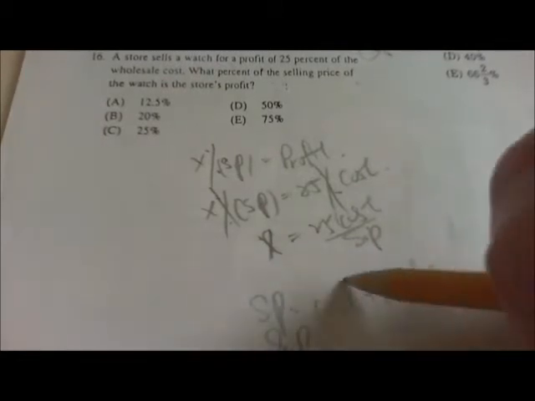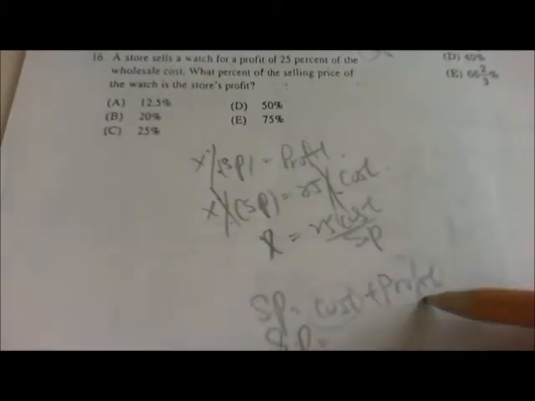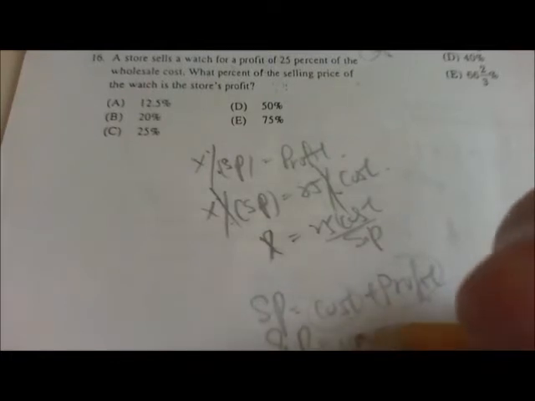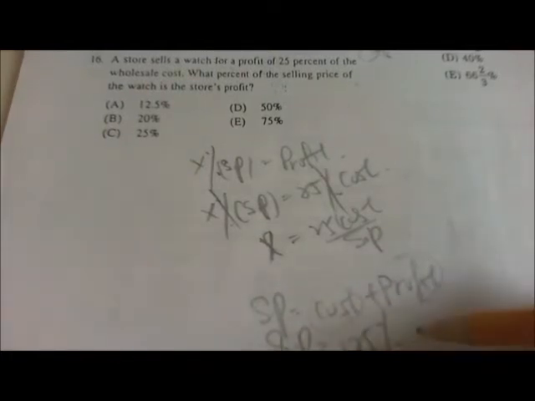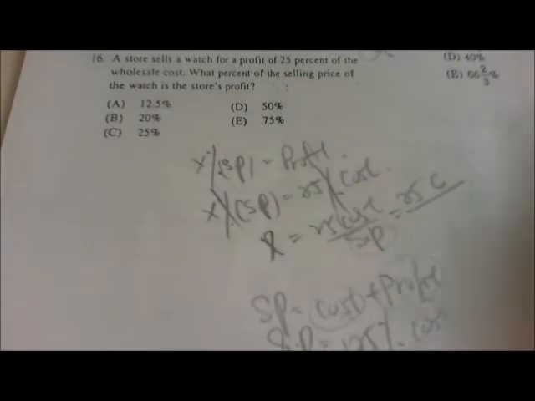The profit is 25% of the cost, and the cost is 100%, so the selling price is 125% of the cost. Let's say the cost is C.